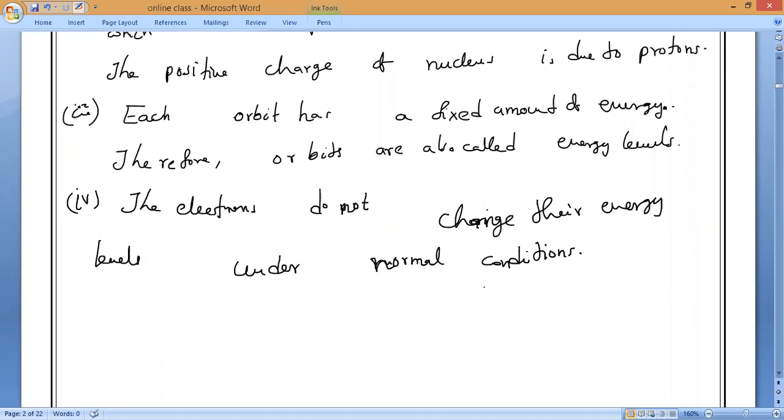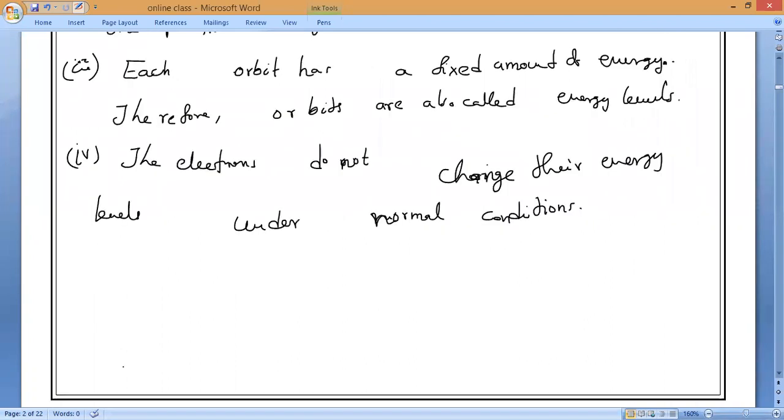That is why they are stable in nature, and that is how the drawback of Rutherford has been explained by Mr. Bohr.